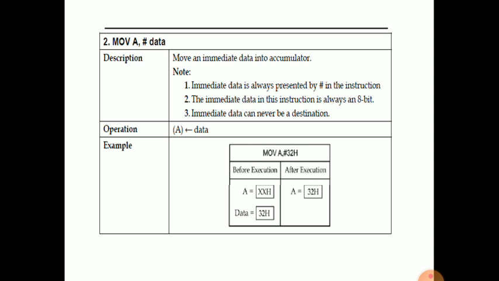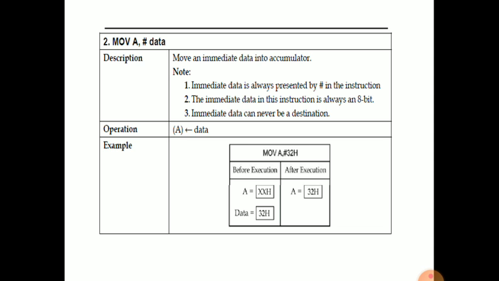The #data, if you can remember in the second chapter while we were discussing the different types of addressing modes, the first addressing mode is the immediate addressing mode, in which the data is directly mentioned in the instruction itself.